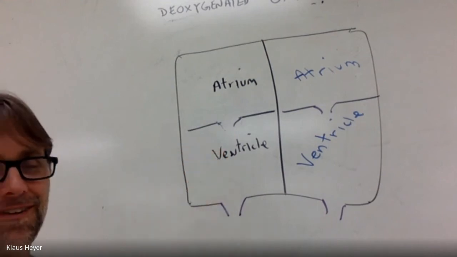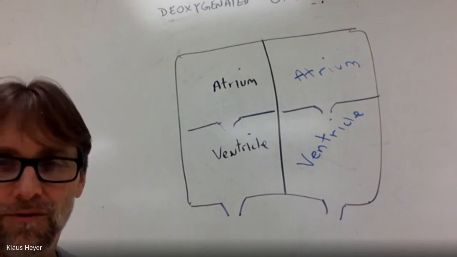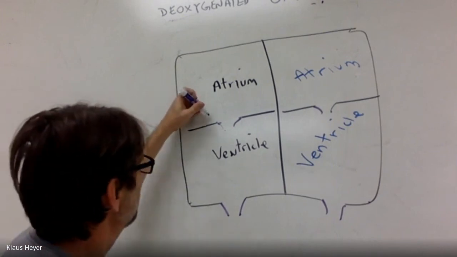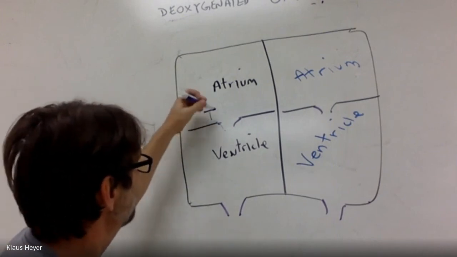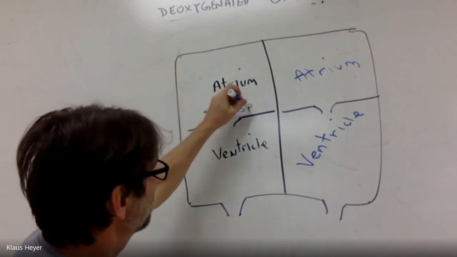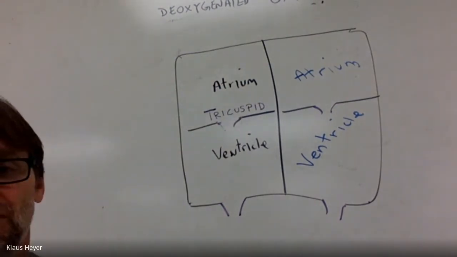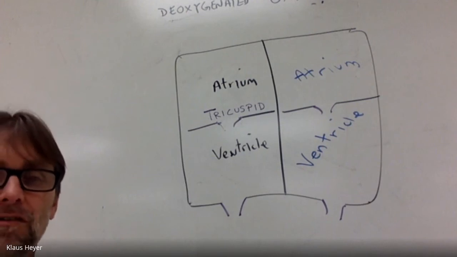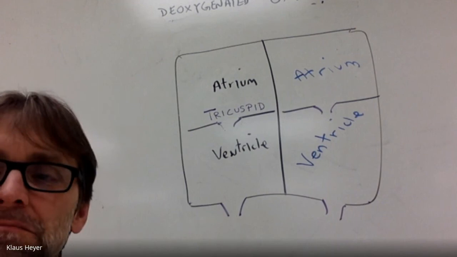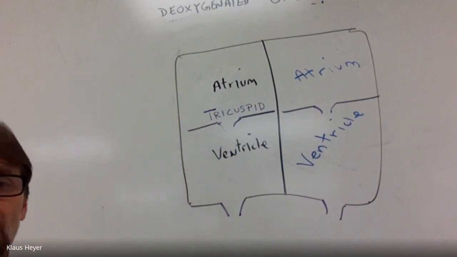They each have their own names. In purple, this one, you probably know this already, is called the tricuspid valve. It's got 3 cusps. That's not important, just telling you why they named it that. So in between the right atrium and right ventricle, we have the tricuspid valve.